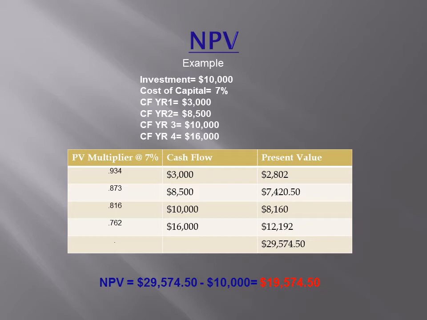Put your finger on that number and drag it down to year 5, where you see a decimal point which says 0.7835. That represents the value of $1 today, 5 years from now, at a 5% cost of capital.